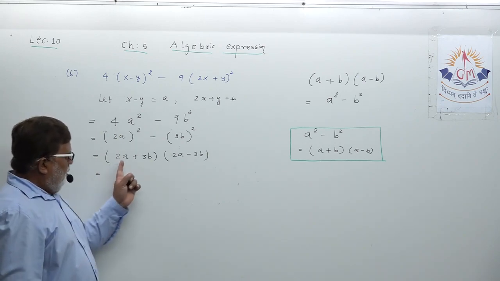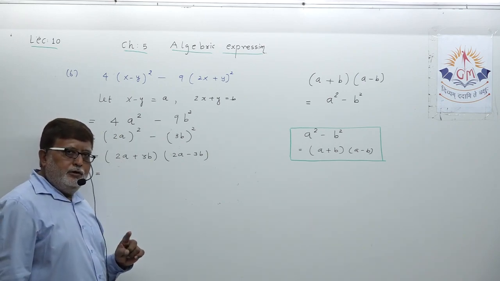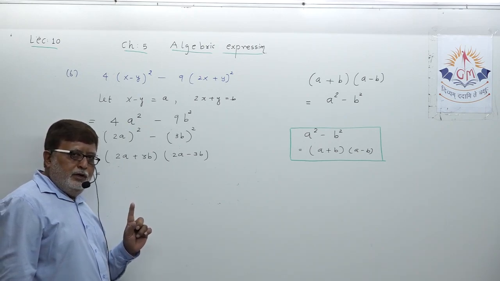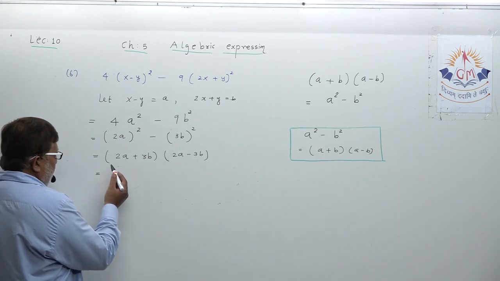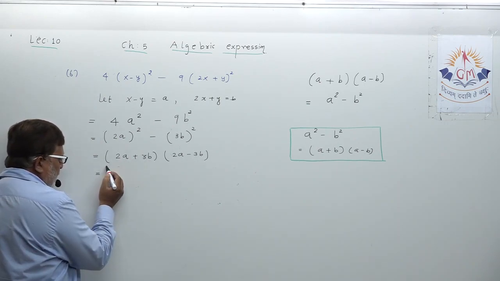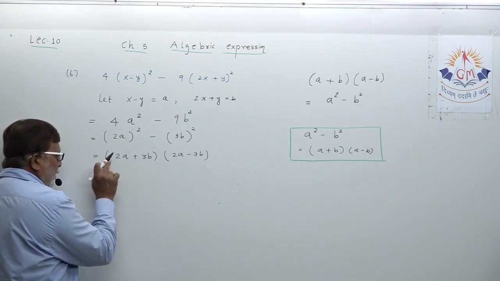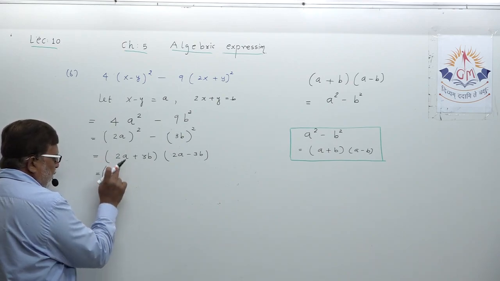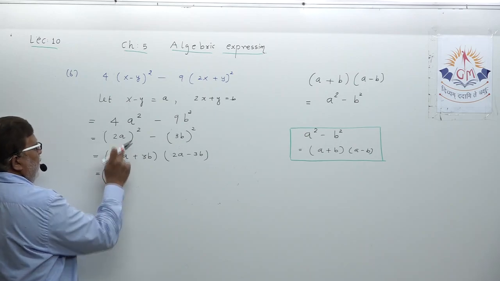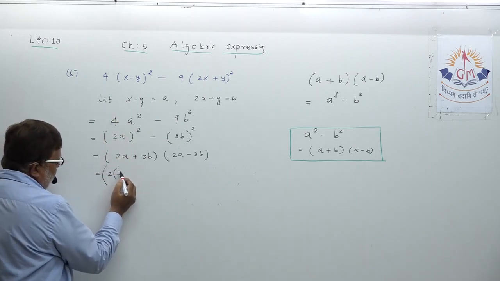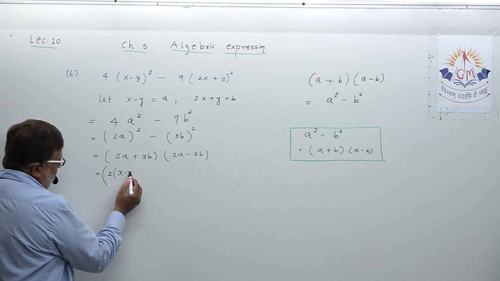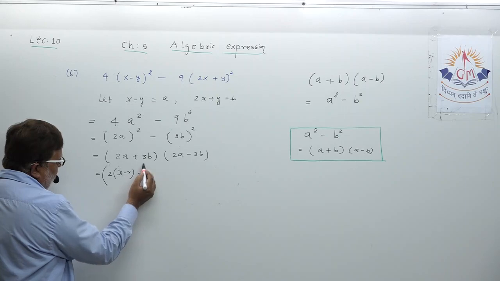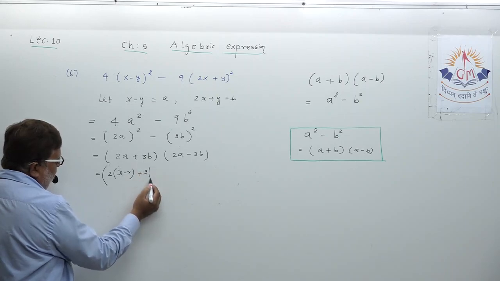After getting this, now dear student, be conscious, everywhere you have to substitute the original values of a and b. Okay. So here your concentration has to be here only. This is 2. In place of a, concentrate dear student, x minus y. Write down with me, plus sign as it is, 3 as it is.